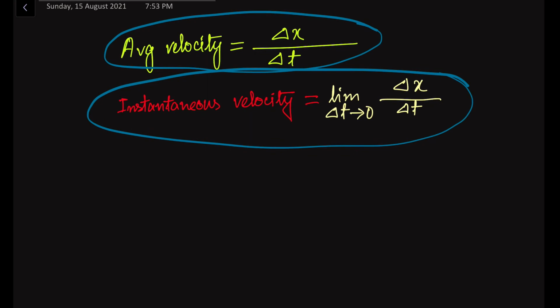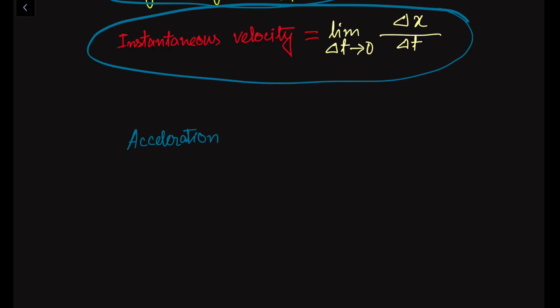So what is the definition of acceleration? It is the change in velocity with respect to a time interval. Suppose we denote the average acceleration with a bar: v2 minus v1 divided by t2 minus t1. Here t2 means the final time, t1 is the initial time, v1 is the velocity at time t1, v2 is the velocity at time t2.